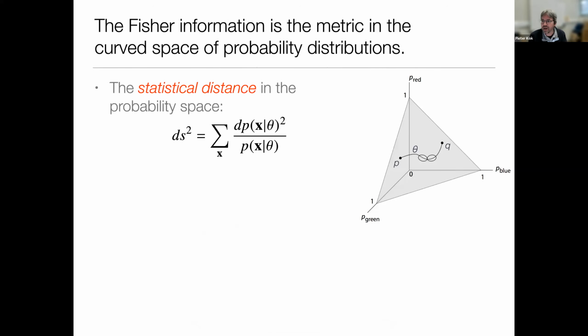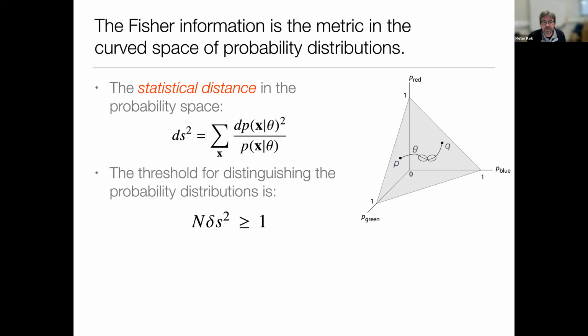Okay, so this is our metric on our probability space. And we call this the statistical distance because it's not the Euclidean distance between the 2 points P and Q. And then the threshold for distinguishing P and Q is that the number of times that you sample your distribution times the statistical distance squared must be greater than 1.